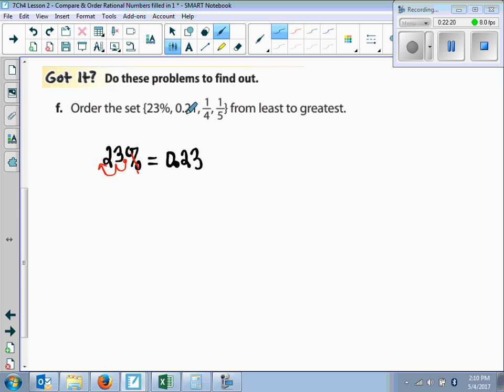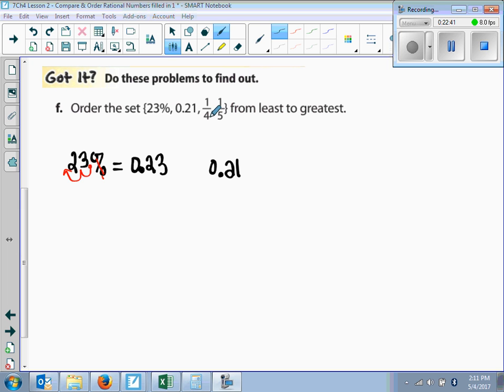Now the second number is already a decimal, 0.21. Now, does everybody see that they're both to the hundredths place, right? So we want to change these to make them to the hundredths also. Now we have 1/4. We said we wanted to change the decimal place value to the hundredths place, right?